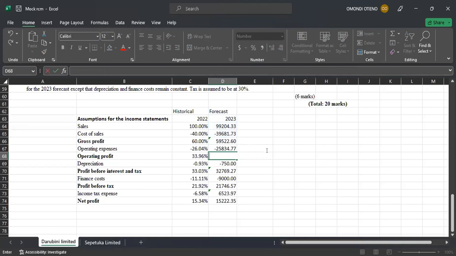Sorry for that. Let's have this one here. Okay, then operating profit will be the difference between these two. The difference between the two. Then the last one here.